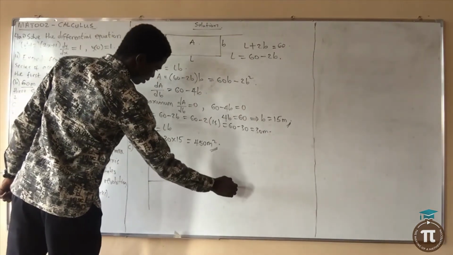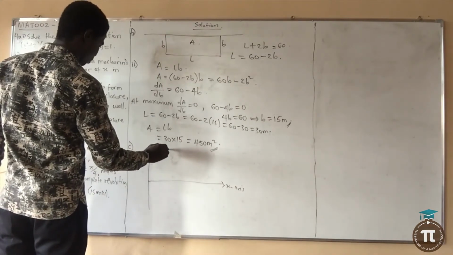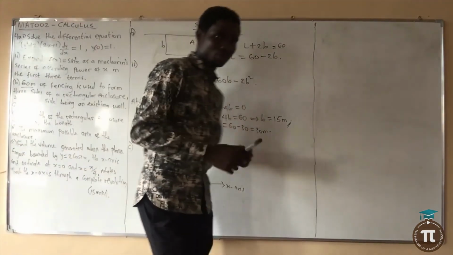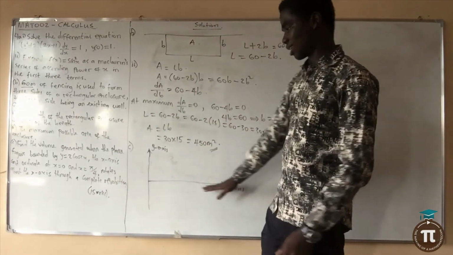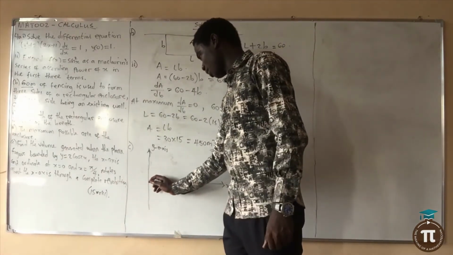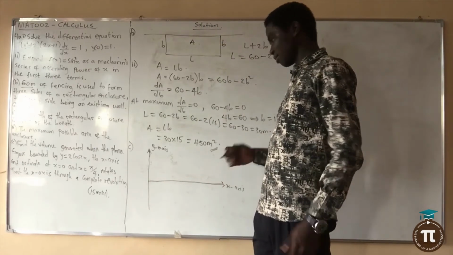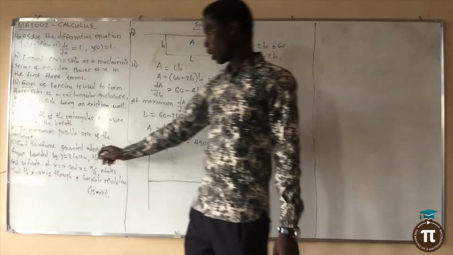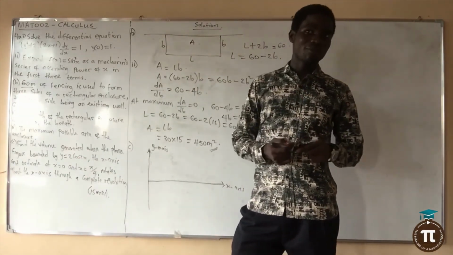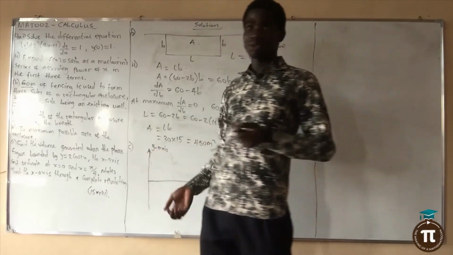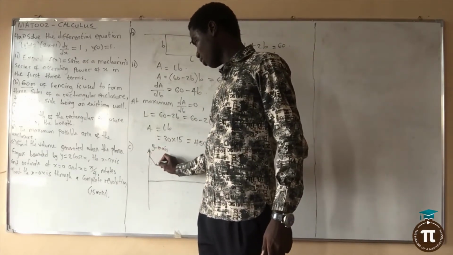This is the x-axis, this is the y-axis. Now, of course, they said it is bounded by the x-axis. This is the x-axis, basically. And you have y equals cos 2x. If you know how the graph of cos x is, it's still the same thing, only that some things will change.